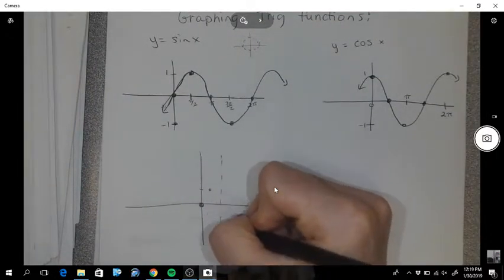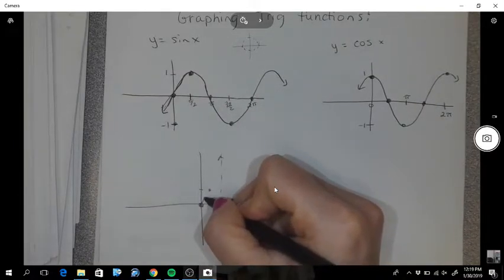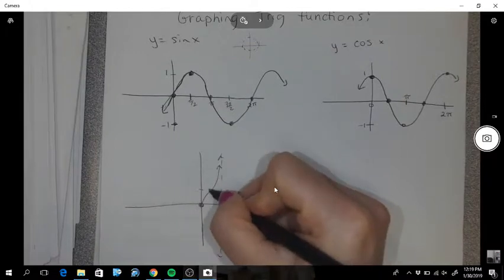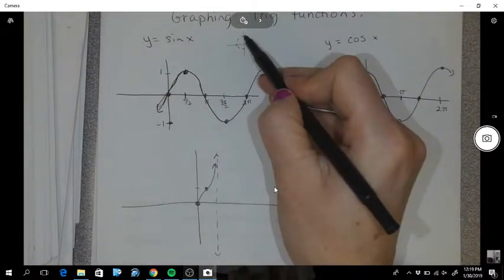And then when we get to 90 degrees, what we have happening is that it goes undefined because 1 divided by 0, and that creates an asymptote.